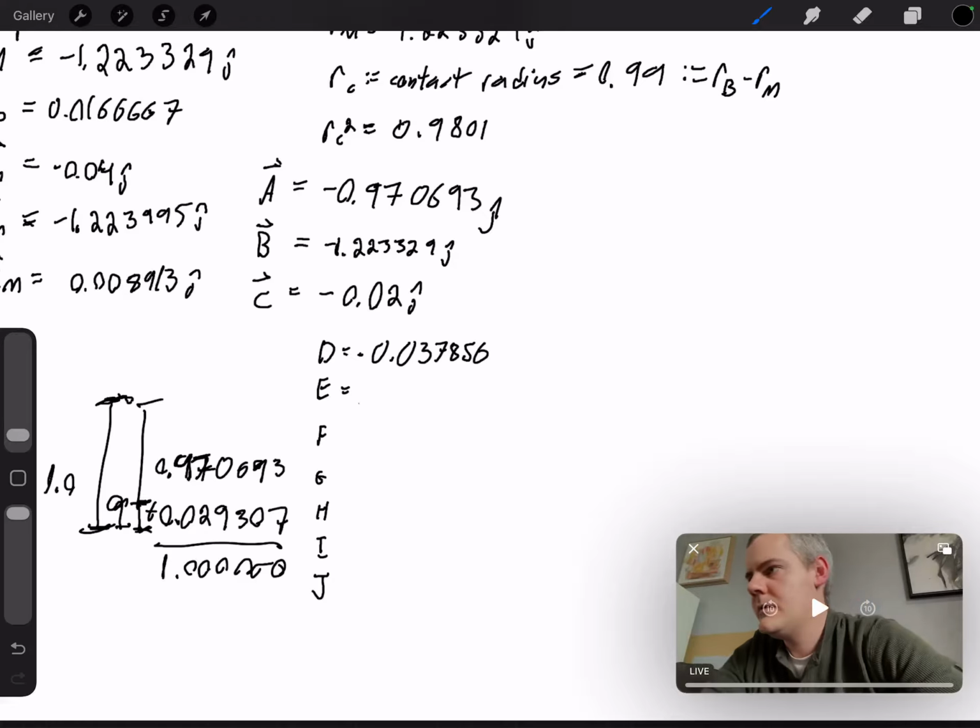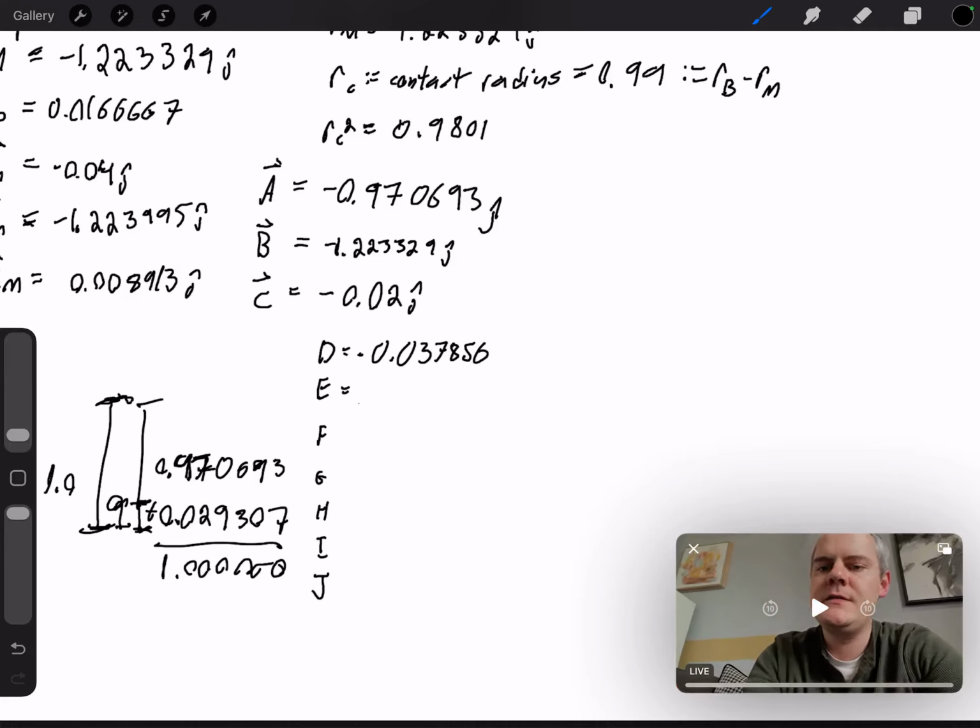Okay. Is this value correct? What was this value supposed to mean? D was relative position dot relative position minus contact radius. So this value should always be negative. And if it goes positive, the ball's outside. And this is the initial position.